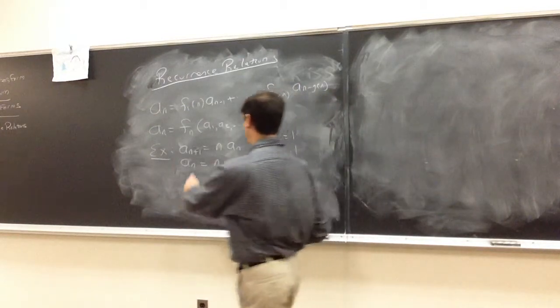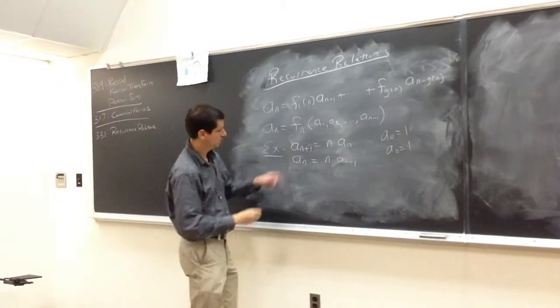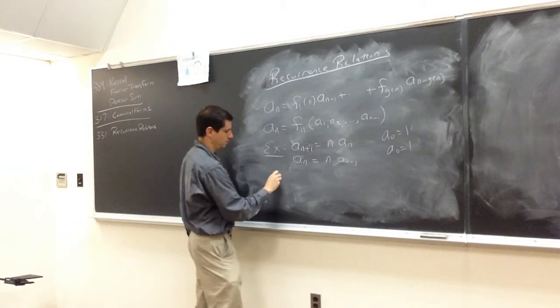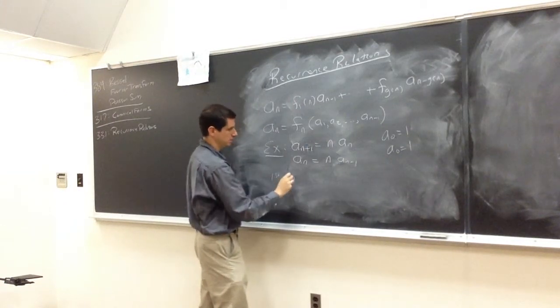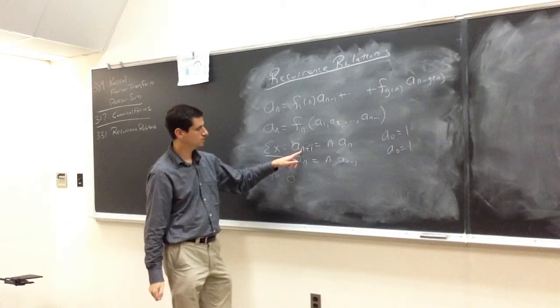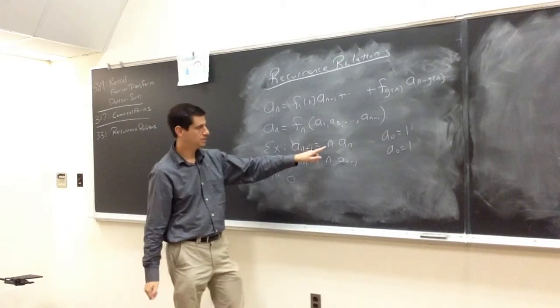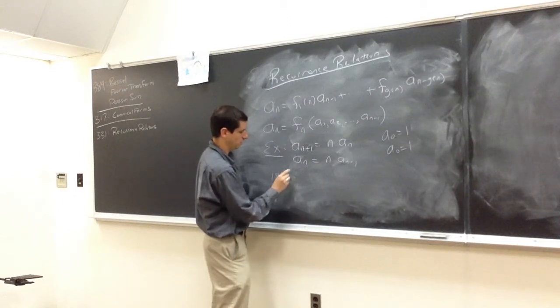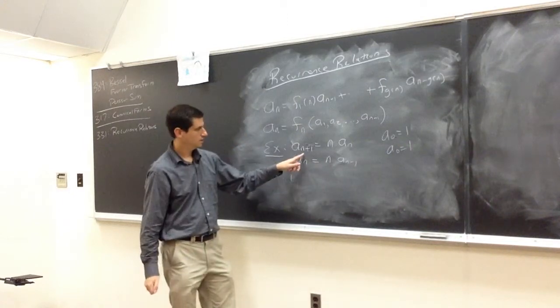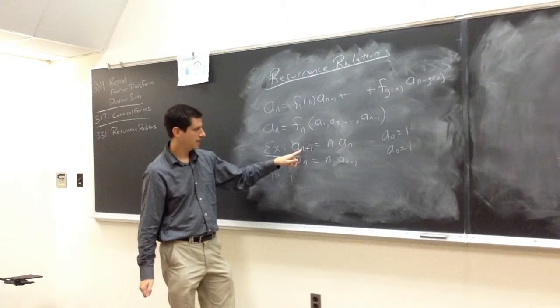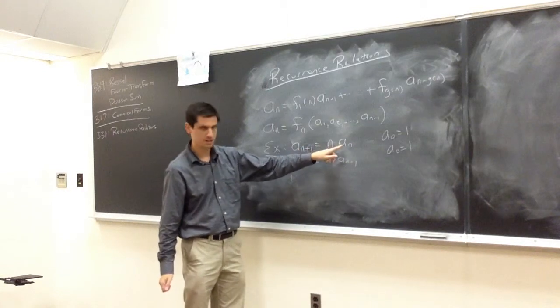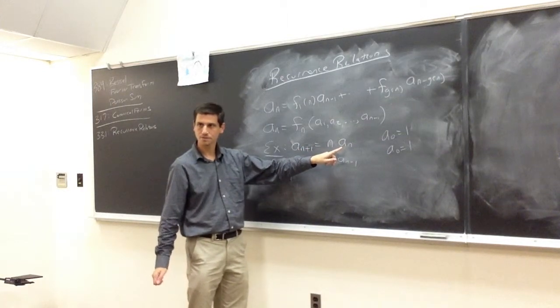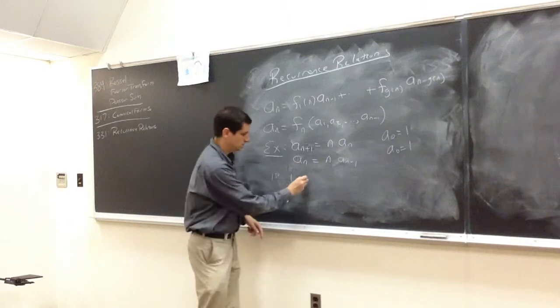So now if we look at the first one, when I plug in n equals 0, I get a_1 equals 0 times a_0, which is 0.